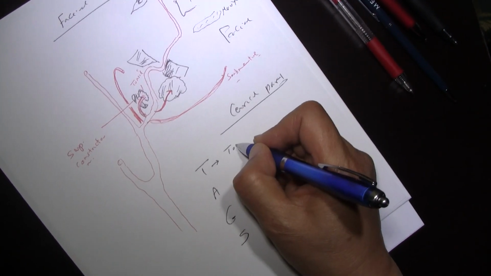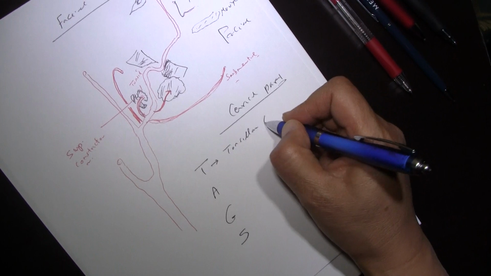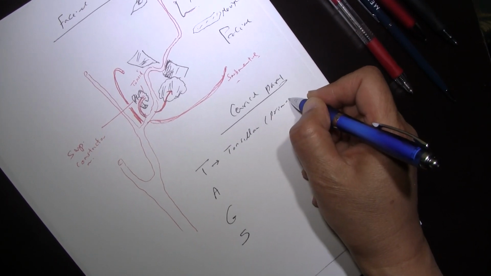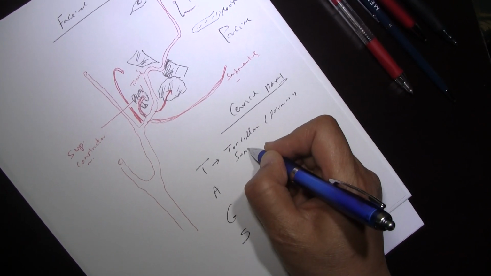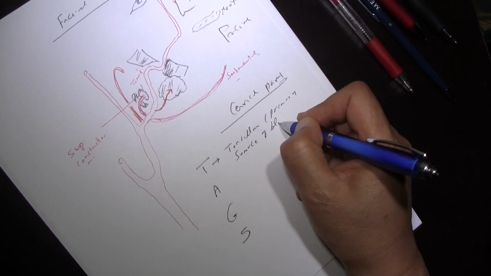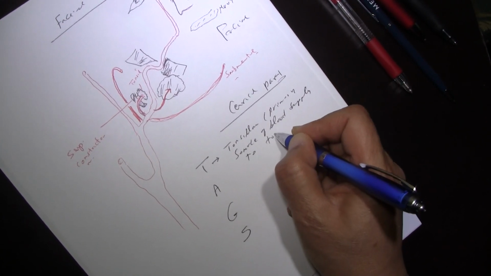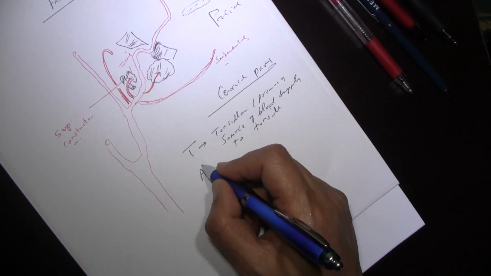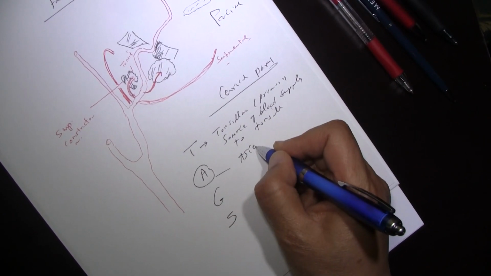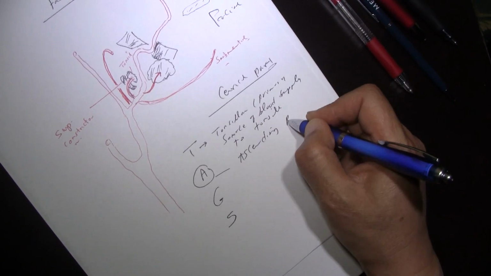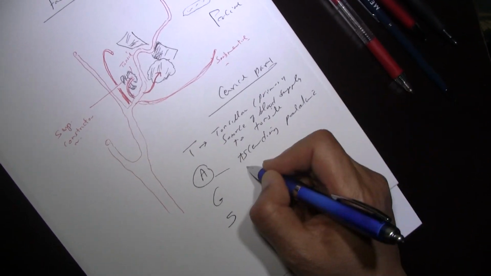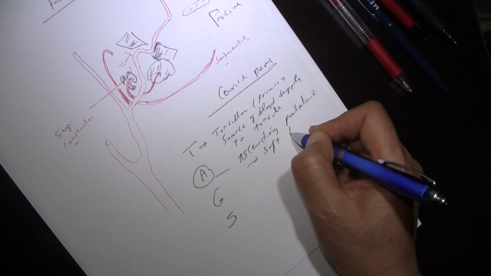T, tonsillar, is the primary source of blood supply to the tonsils, to the palatine tonsil. A, ascending palatine, from the name, is going to the soft palate mainly.